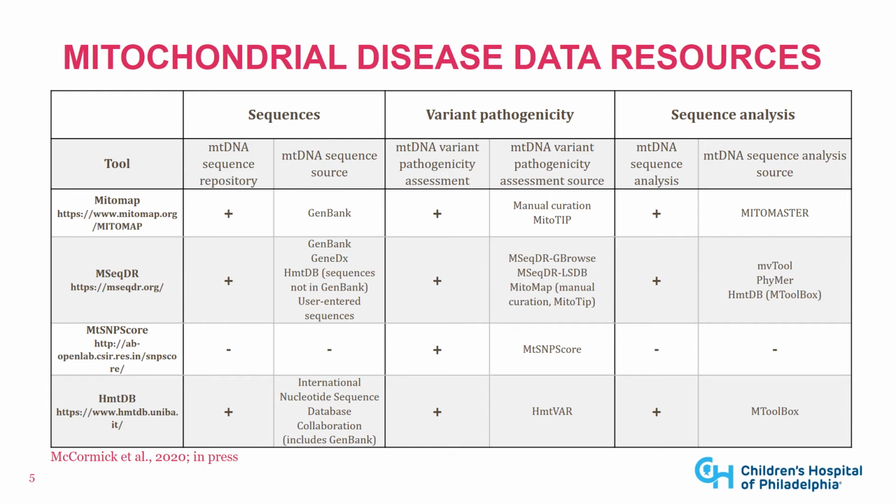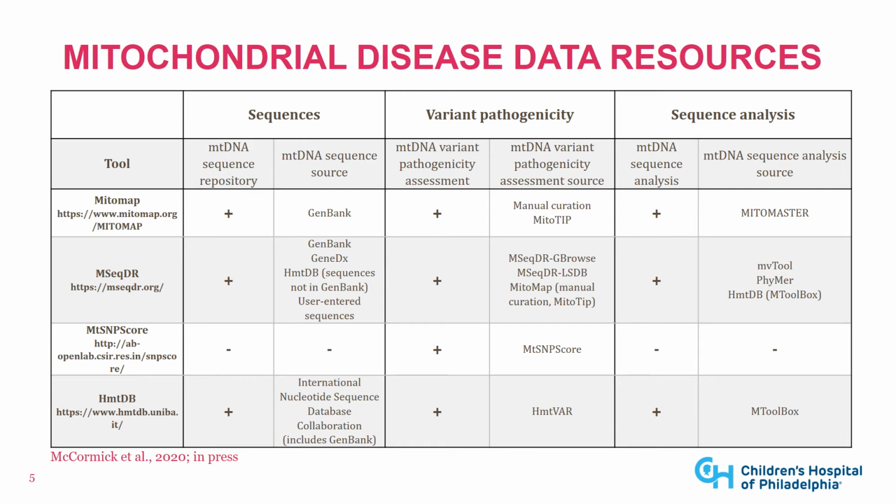And then the last column is, does the tool allow for sequence analysis? So not an individual variant, but someone's entire mitochondrial DNA sequence. And these tools can do such things as determine the haplogroup of that patient, or call out the variants in that sequence. So again, hopefully this will be useful to you if you're thinking about mitochondrial DNA variants in the future.